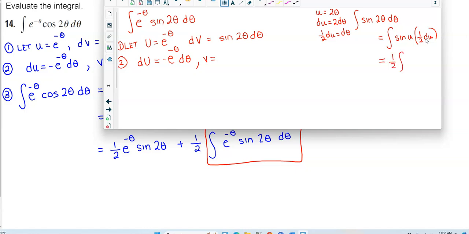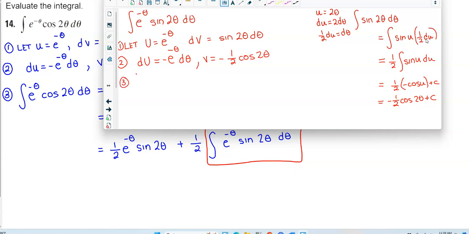Factor out the 1/2, and then take the antiderivative of the sine of u, which gives us 1/2 times negative cosine of u plus c, which becomes negative 1/2 times the cosine of 2 theta plus c. So therefore, capital V becomes negative 1/2 times the cosine of 2 theta.